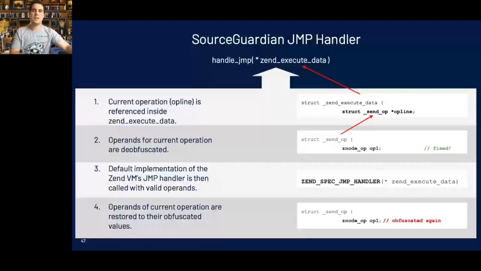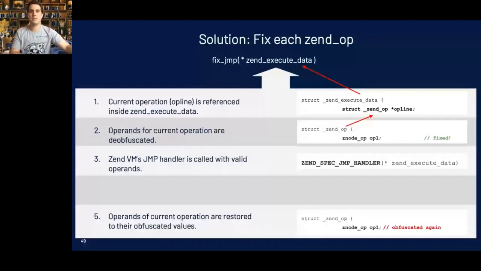So now we'll start to get into the solution. The solution is that you have to fix each operation that's obfuscated. For example, for the jump, I created a function and I based it off of that SourceGuardian jump handler function. So basically I copied all of that logic and modified it a little bit.